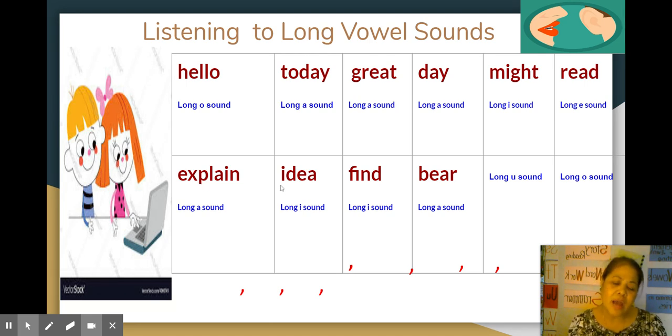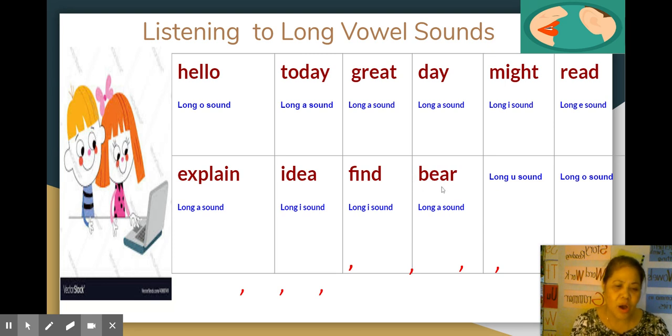How about here? Idea. What do you think is the long vowel? Good job. It has a long I. And how about here? Find. Good. For find, it has a long I sound. How about here? Bear. What is the long vowel sound? Good job.